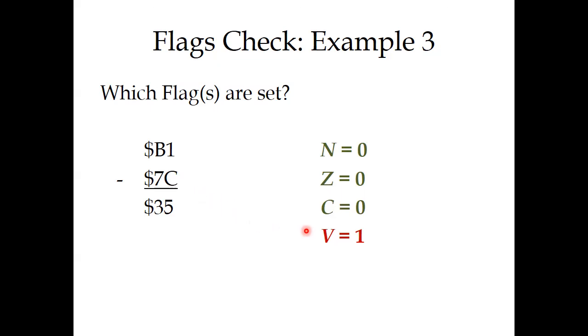The V flag is set. Why? Look at the numbers again. It falls in one of the two categories we have for subtraction. This is a negative number. This is a positive number. This is also positive. Remember, one of the categories was that your minuend and subtrahend have different signs, but the subtrahend and the difference have the same sign.